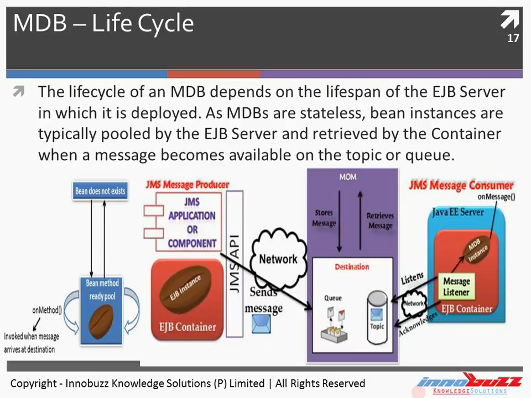And here, either through queue or topic, the listener will listen from the MDB, that is the message-driven bean, and then receives the messages as well as acknowledges after receiving the message over the network. This is how a typical message-driven bean works within the EJB container, which is in turn running inside the application server.